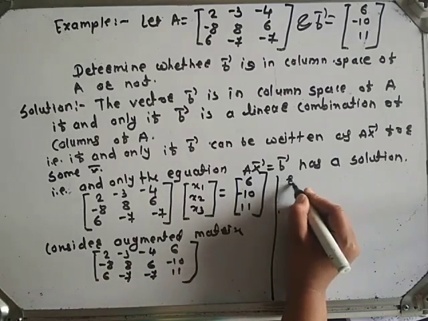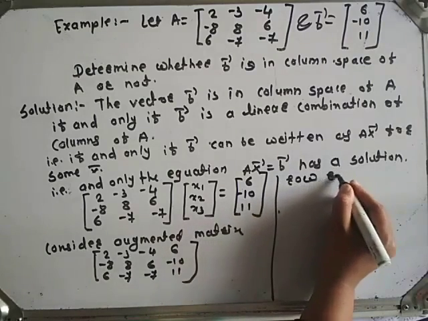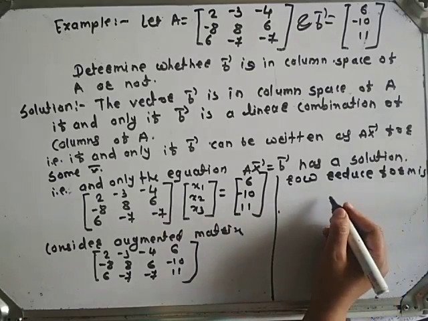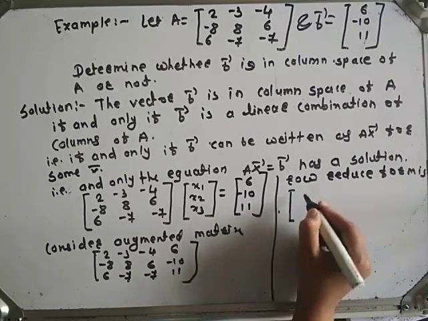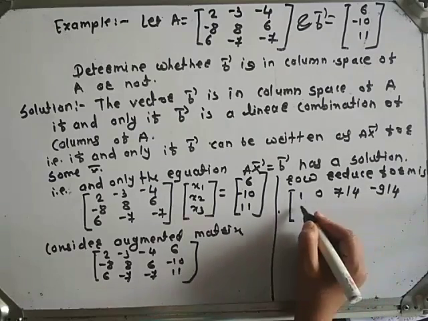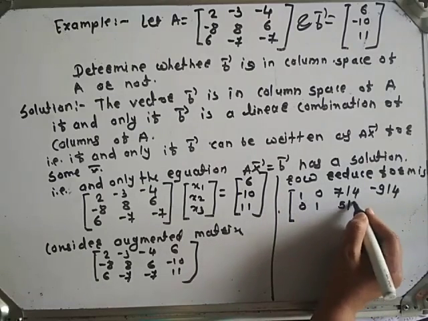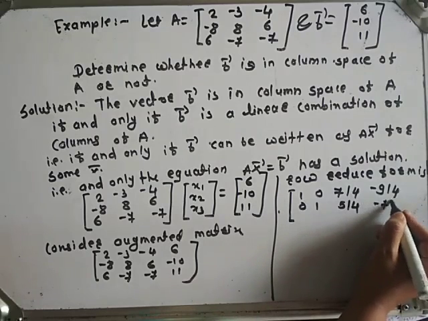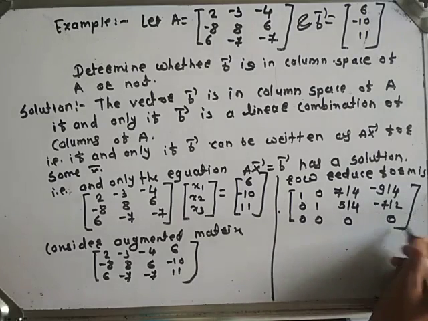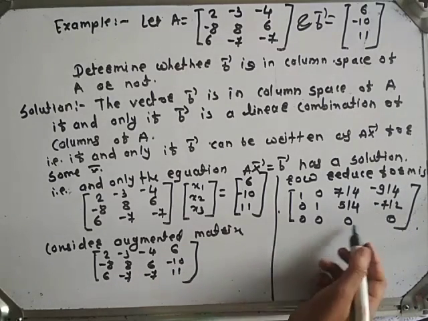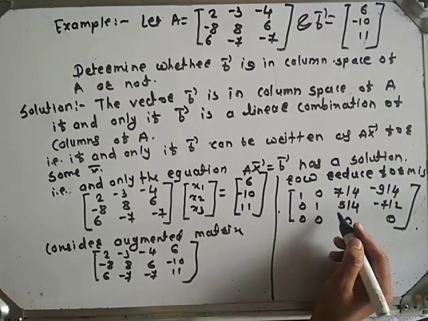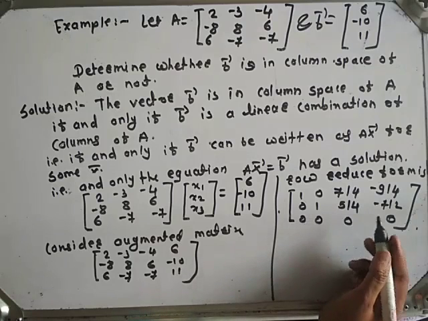So the row reduced form is the matrix 1 0 7 by 4 minus 9 by 4, 0 1 5 by 4 minus 7 by 2, 0 0 0 0. Okay, from this last matrix we can observe that A into x bar is equal to b bar has a solution.